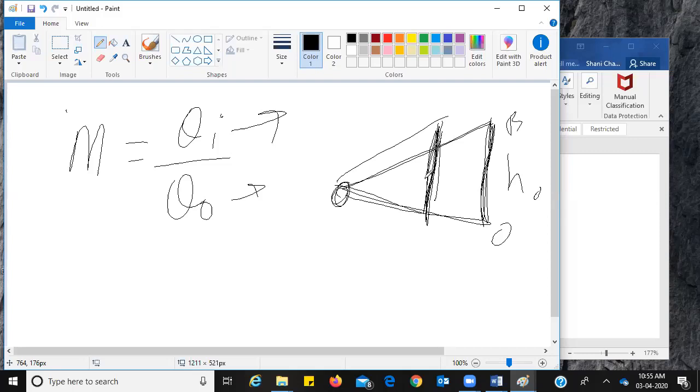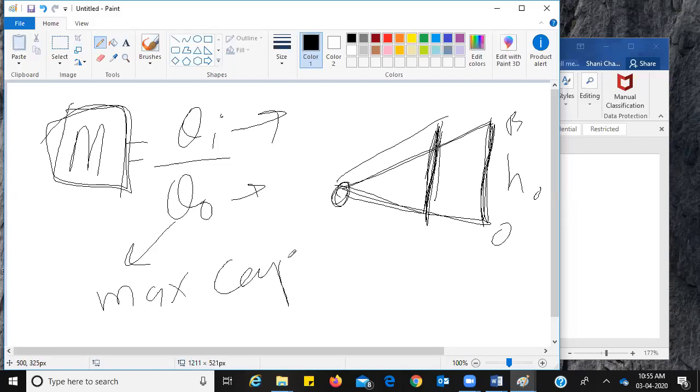See, all magnifying power derivations and calculations are done in such a way that you are comparing the maximum capacity of the eye with the instrument. What should be theta O? At infinity, I feel the angle to be very small.